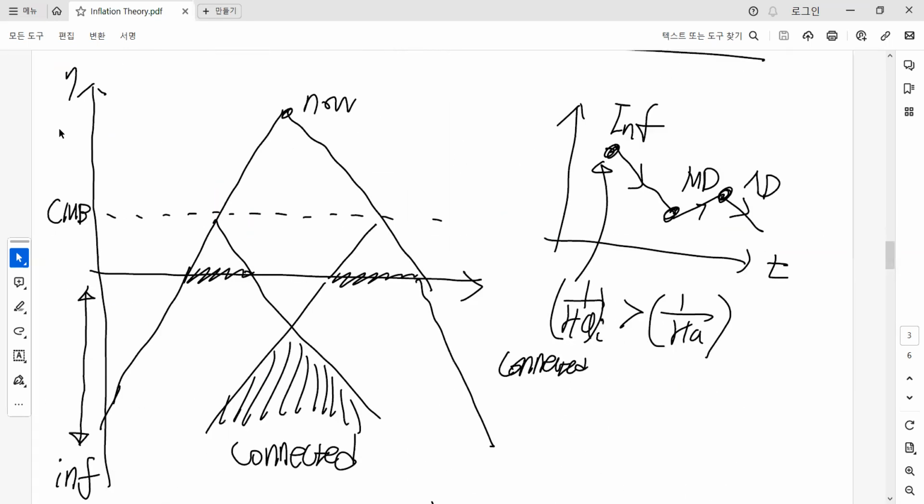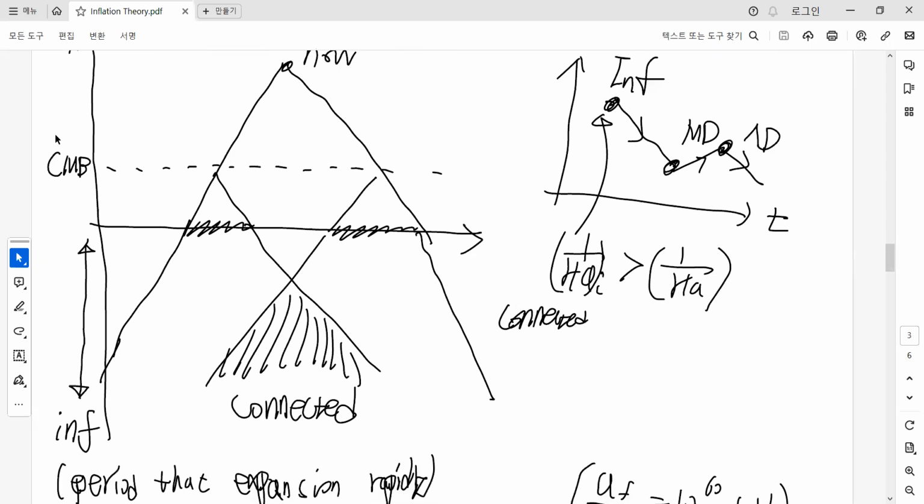But if we introduce inflation, a very rapid expansion period, then we can extend the diagram with the conformal time. There is an additional period here, and we can extend the light cone lines. Then the two points are causally connected in the very early universe.